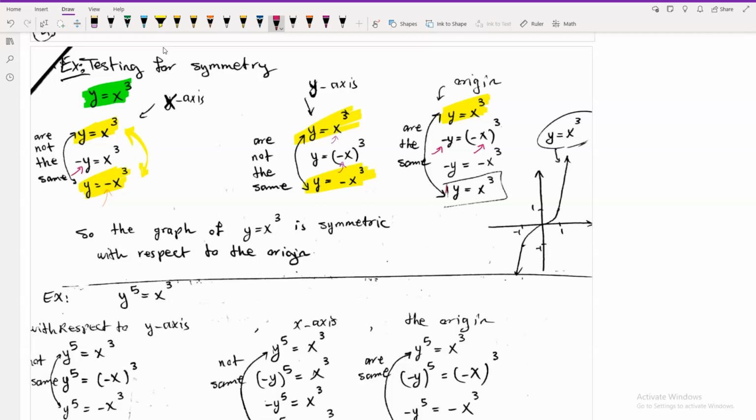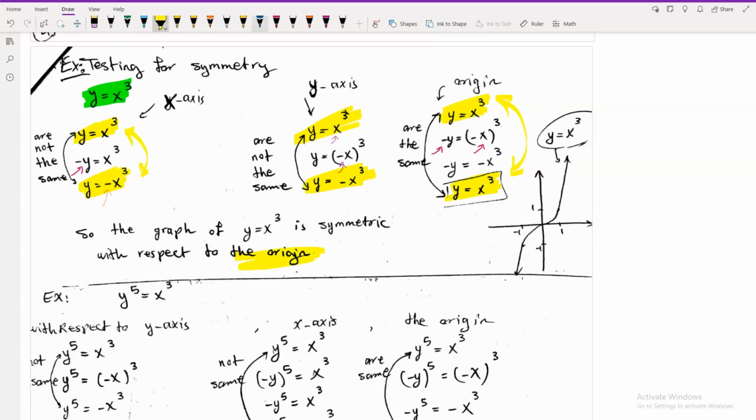We're going to have y equals x cubed. Then compare these two. Obviously, these two are exactly the same. So that means the graph of y equals x cubed is symmetric with respect to the origin.